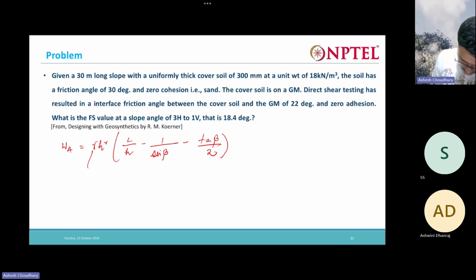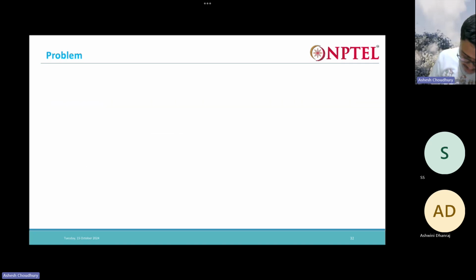This is 18, and this is 18.4. Just put all the values. If you put them here, you will get it. Similarly, NA.